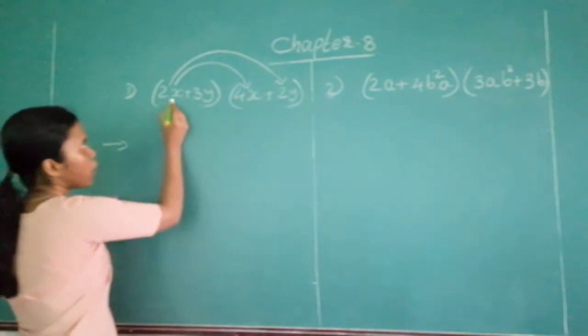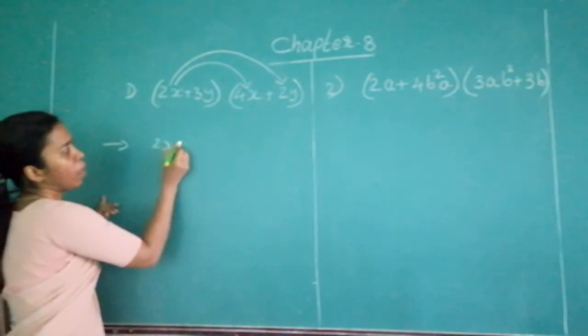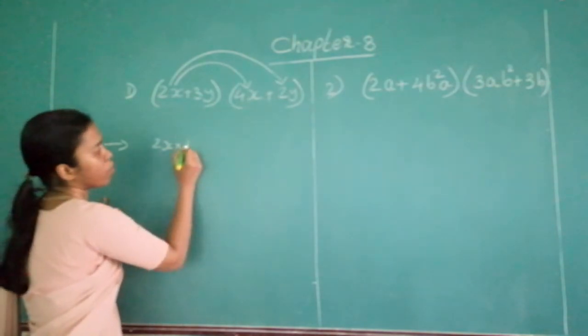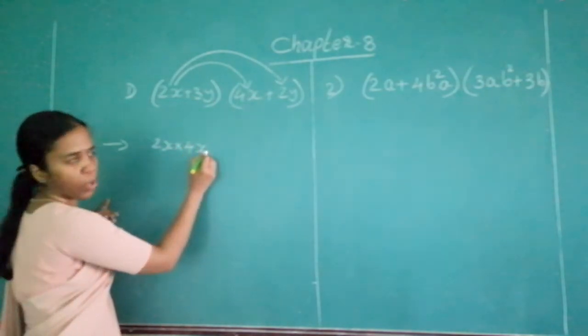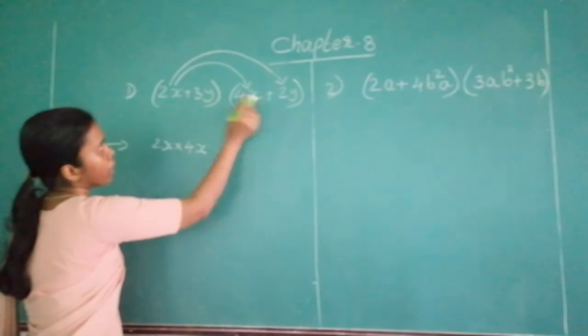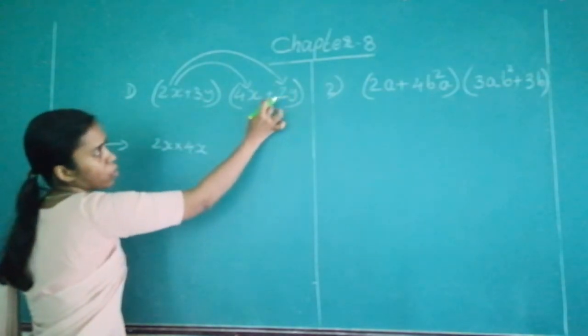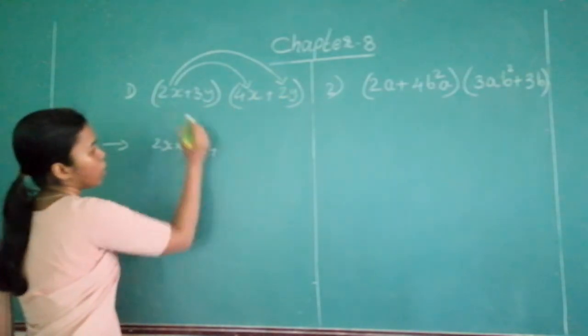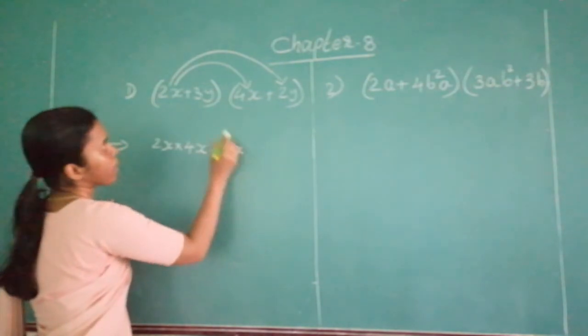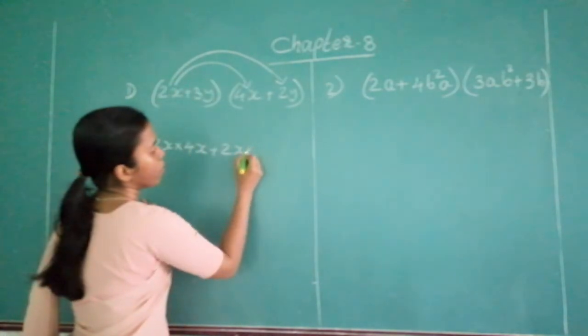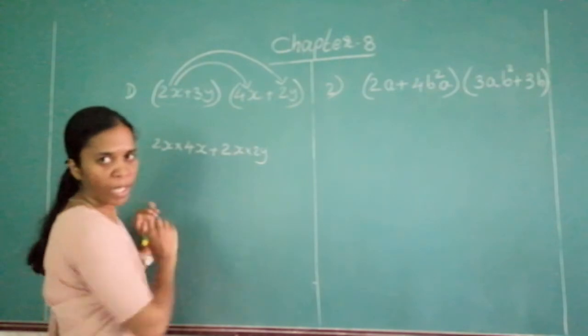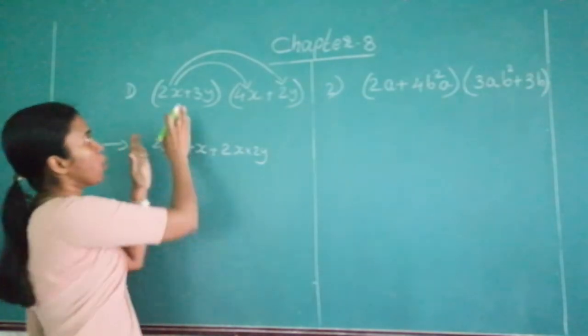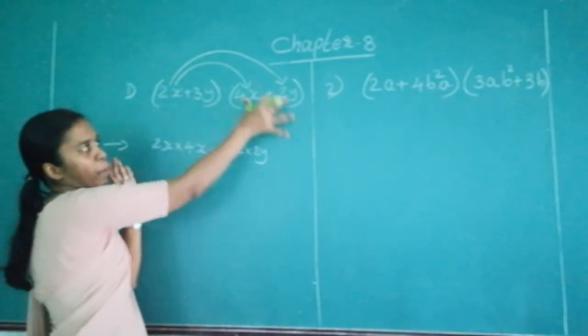So let us write that: 2x multiplied by the first term of the second binomial, 4x. What is the sign? Now we have to multiply this with this. So what is the sign? Plus. 2x multiplied with the second term, that is 2y. Okay. Now with the first term we have multiplied both.